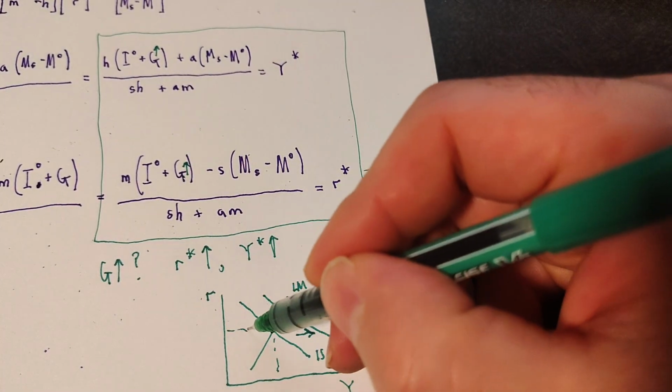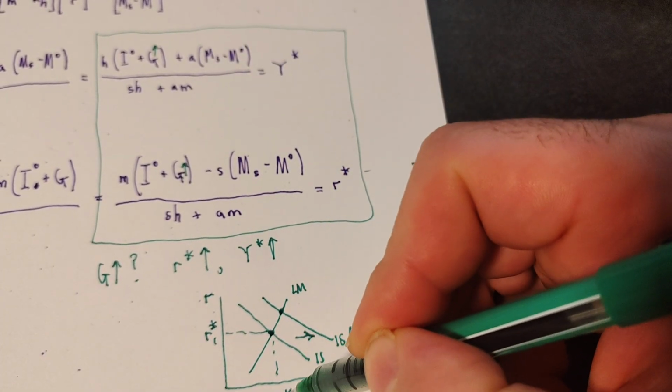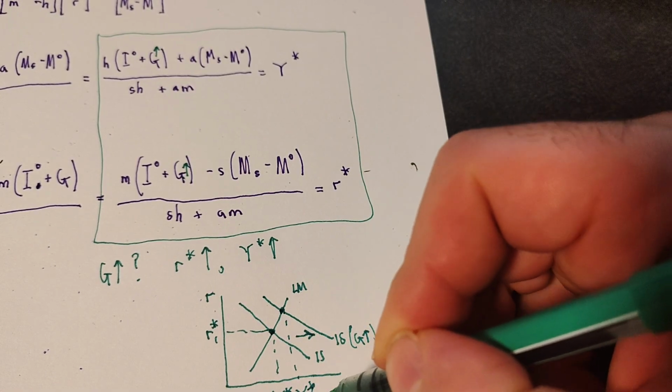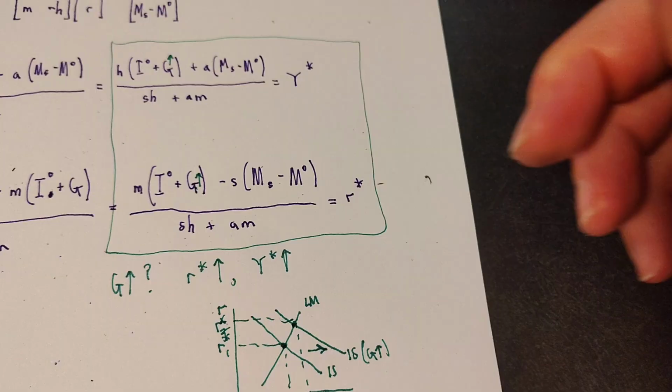This will be R star 1, Y star 1, and we end up with an increase in Y star to Y star 2, and an increase in R star to R star 2.